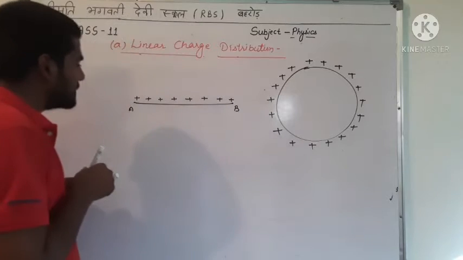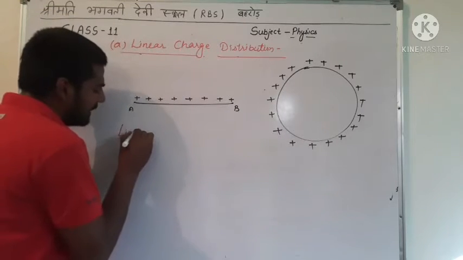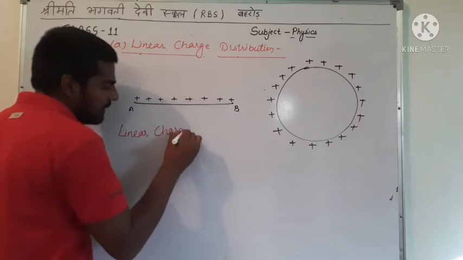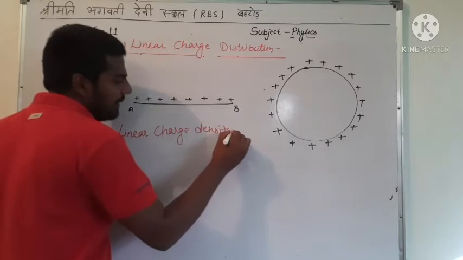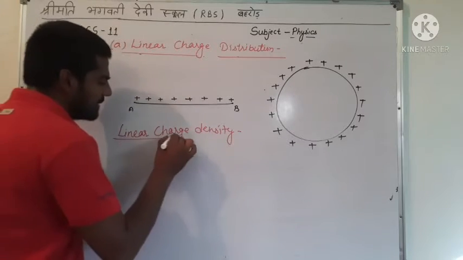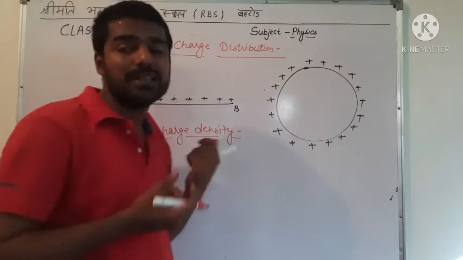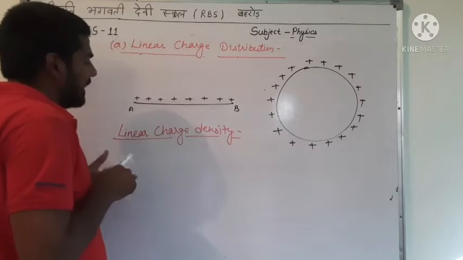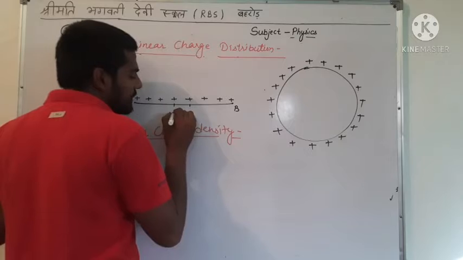In linear charge distribution, we have an important topic, which is linear charge density. What is linear charge density? Density means mass upon volume. Here, let us consider a small distance on the line, which is dl.